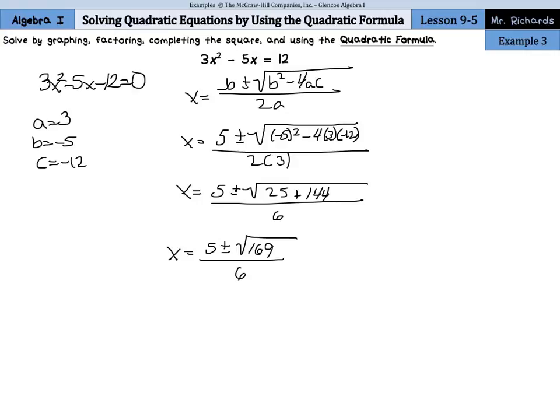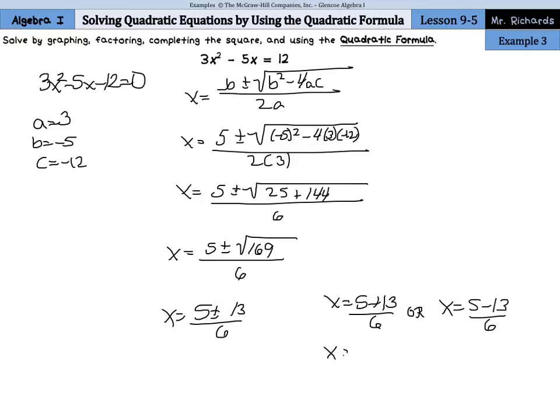Now the square root of 169 is 13, so I can rewrite this as 5 plus or minus 13 divided by 6. And now we get to have our two different paths. x equals 5 plus 13 divided by 6, or x equals 5 minus 13 divided by 6. And we've seen how this story's played out a couple times now. x is going to equal 3, or x is going to equal negative 4/3.